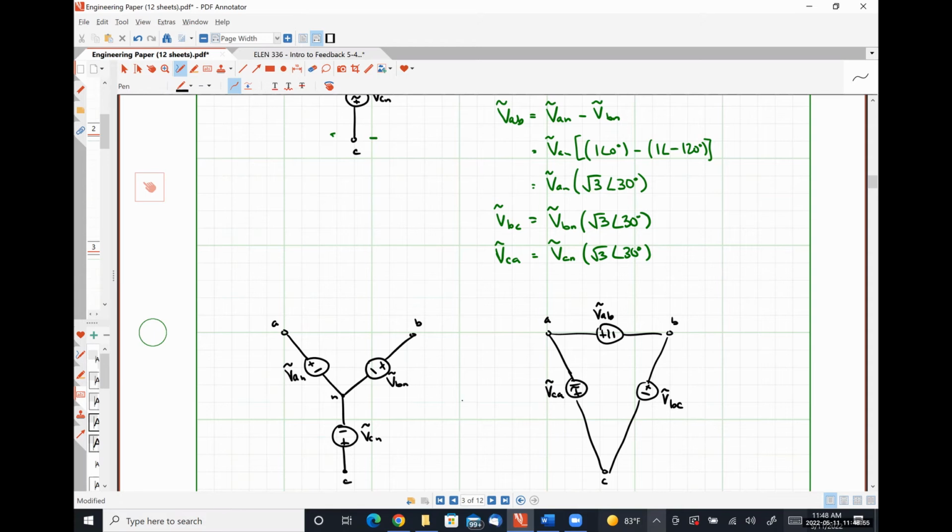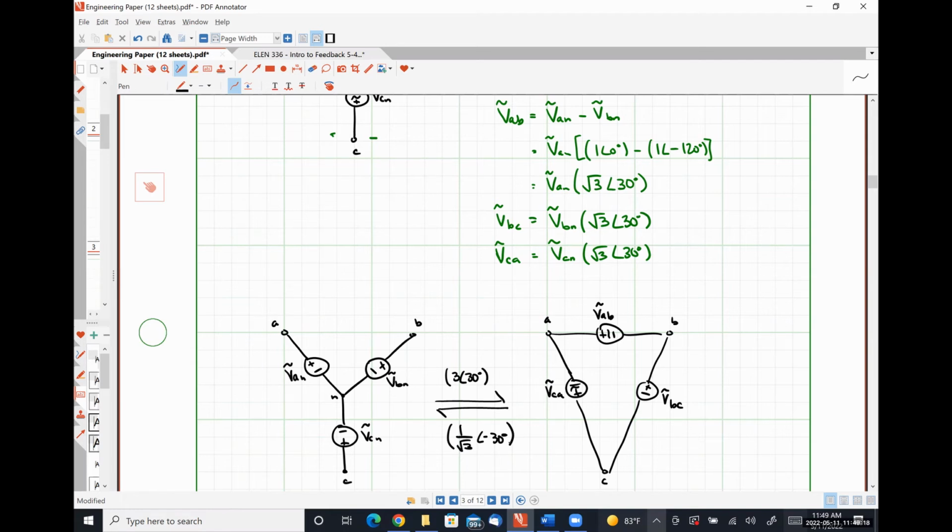I'm going to draw this like it's a chemical reaction. To go this way, we multiply by √3 angle 30 degrees. To go the opposite direction, we multiply by 1 over the square root of 3 angle negative 30 degrees, which is the exact same thing as dividing by that conversion factor.